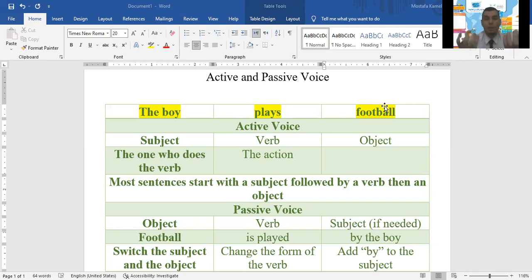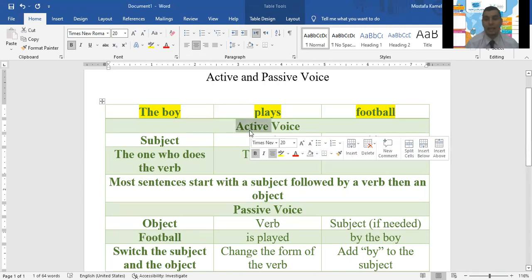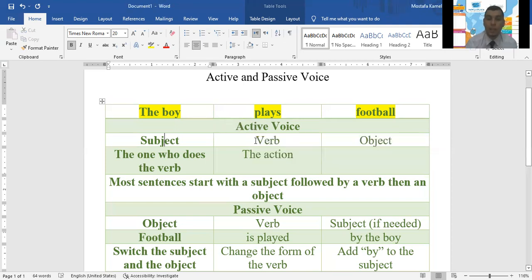So let's name them. The sentence that starts with a subject is called an active sentence or an active voice sentence. It's active because it starts with a subject followed by a verb ending with an object.